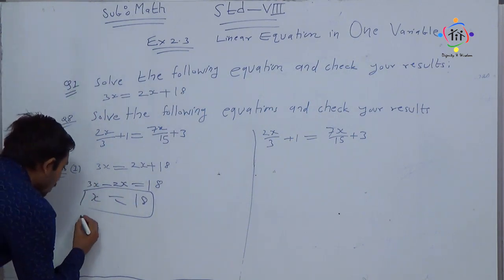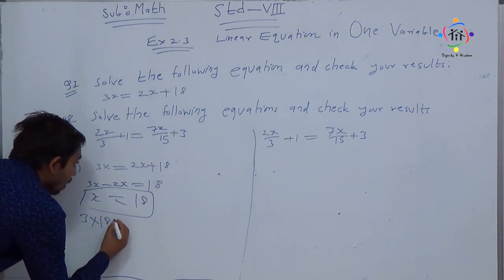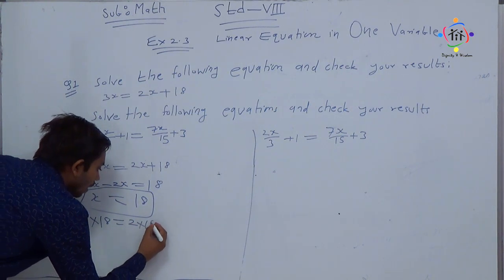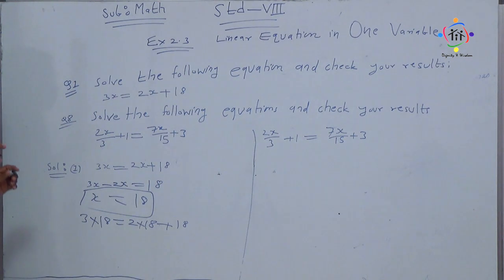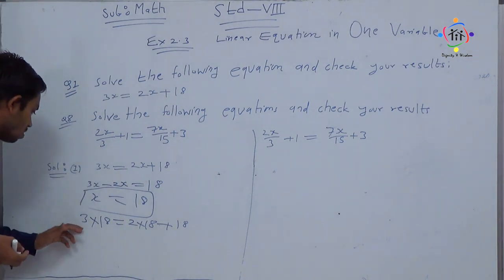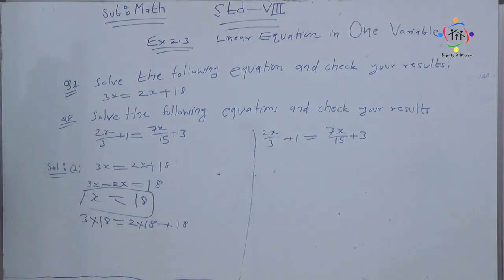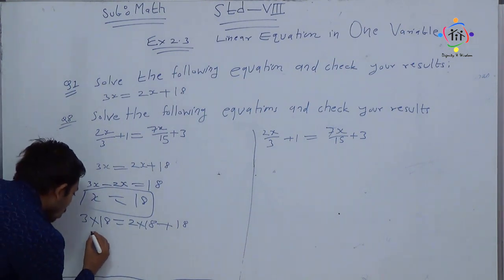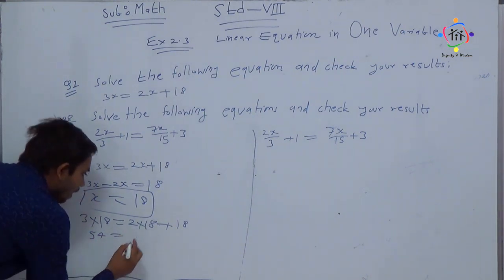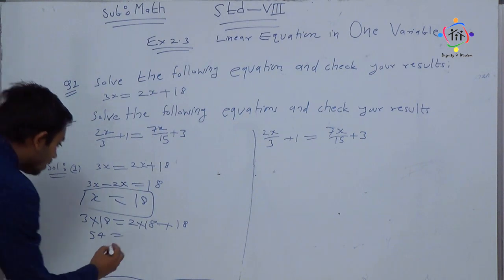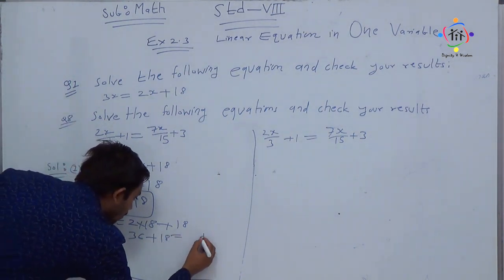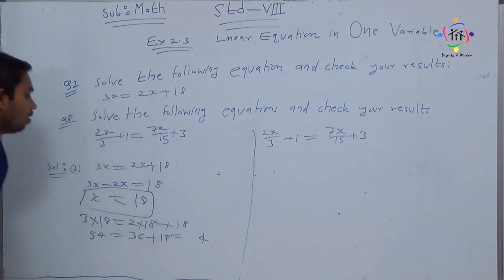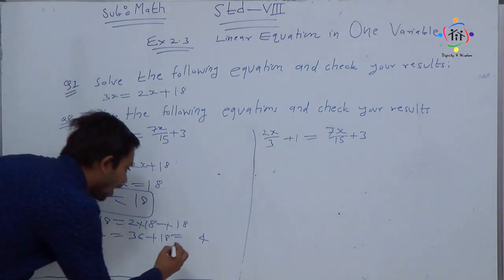Let us put in: 3 into 18 is equal to 2 into 18 plus 18. Okay, my dear students. Now 18 threes are 54, 18 twos are 36 plus 18, that is coming out 54. 3 plus 1 is 4, carry 1, becomes 5.